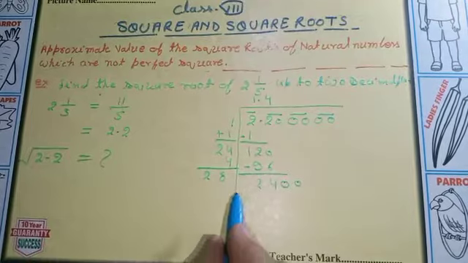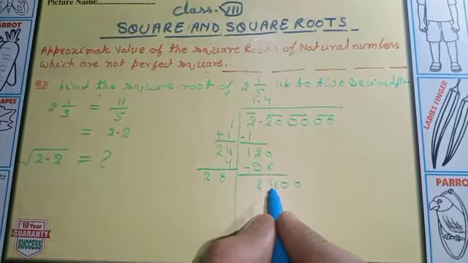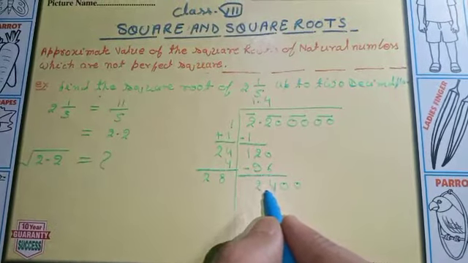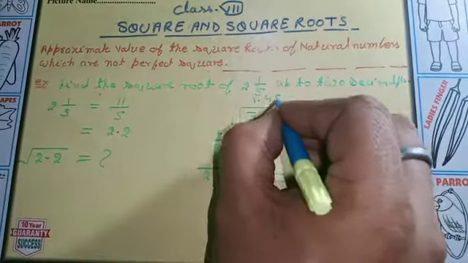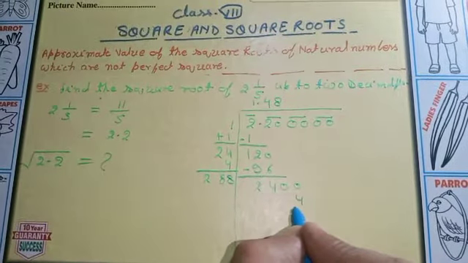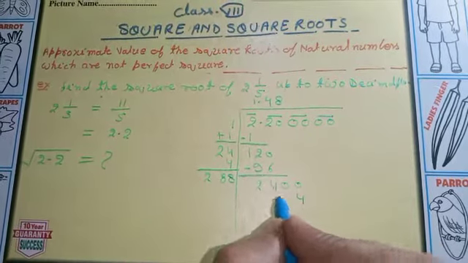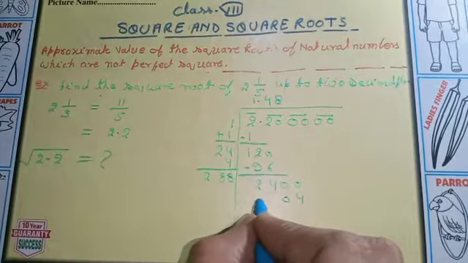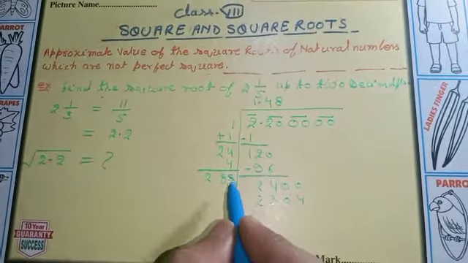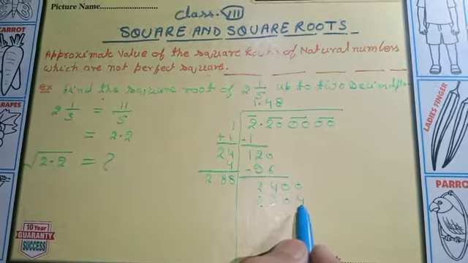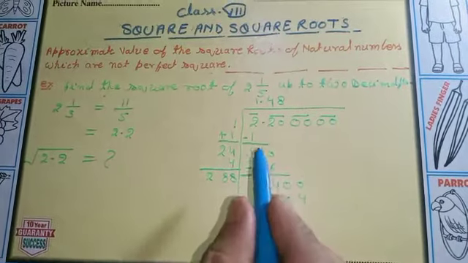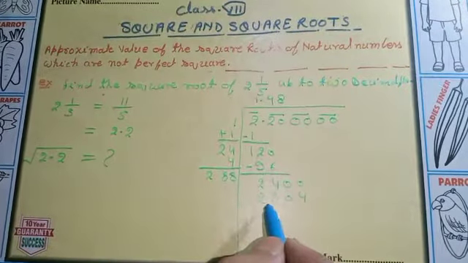Here divide by 2: 24 goes to 8 times. 8 times 8 is 64, and so on.